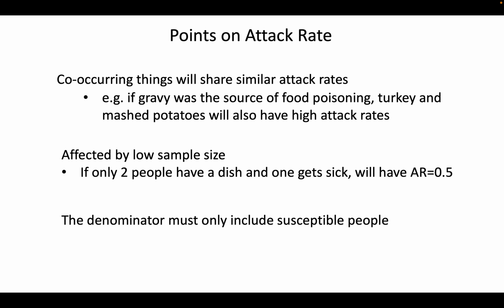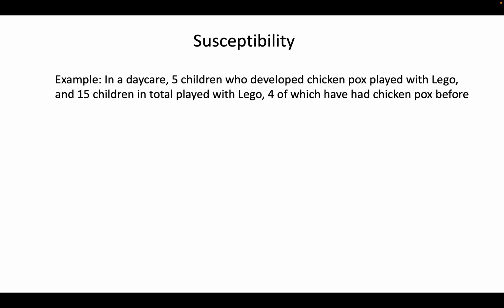Also, something I touched on earlier is that the denominator needs to only include susceptible people. An example that involves taking away some of the people who aren't susceptible: in a daycare, 5 children who developed chickenpox played with Lego, and 15 children played with Lego in total, and 4 had chickenpox before.